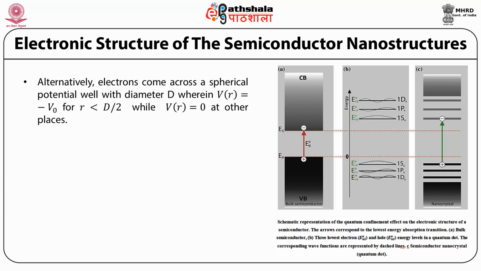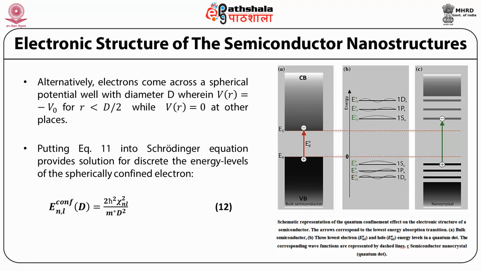Alternatively, electrons come across a spherical potential well with diameter d, wherein V(r) equals minus V naught for r less than d by 2, while V(r) equals 0 at other places.